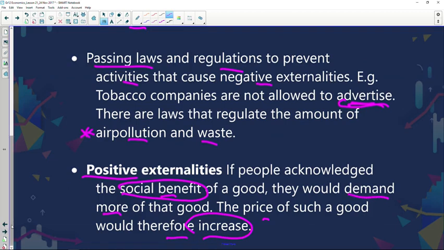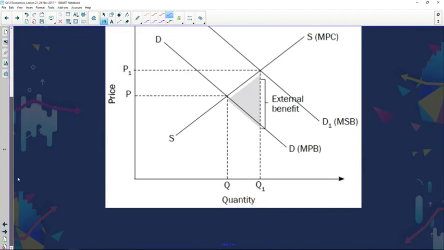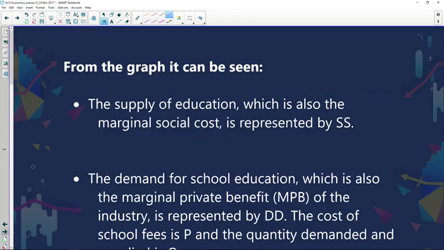Okay, so it's important that you also create an understanding amongst society in terms of the benefits of these social goods. Okay, so then this is depicted in this graph, which is figure 8.3. So we're going to have a look at how the positives actually work.